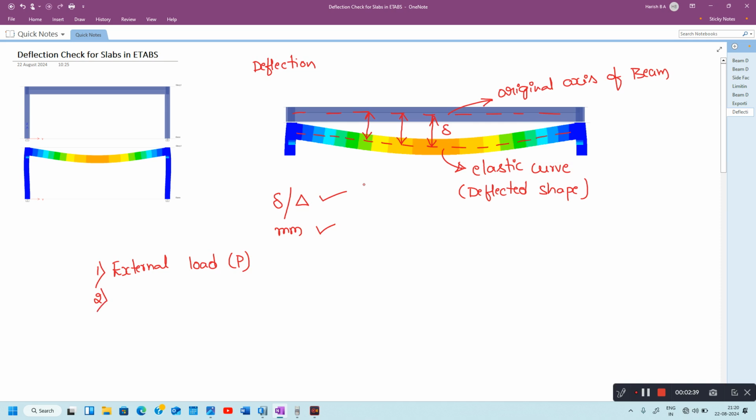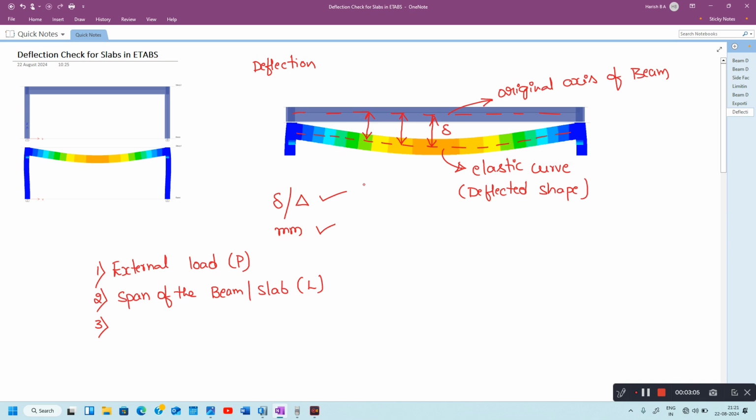Next, span of the beam or slab. If you have a larger span, you will have more deflection.